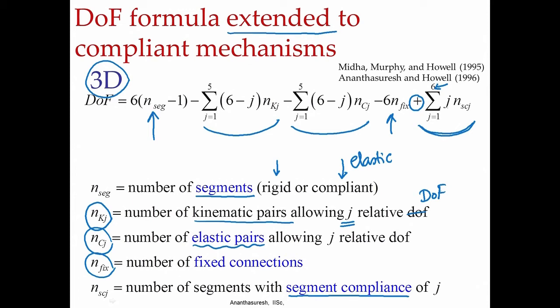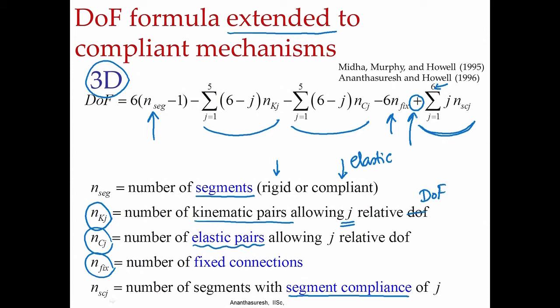And it is saying that if there are, let us say, NSC1, that is, single segment compliance elastic segments, that will add, with j equal to 1, 1 degree of freedom. That is why we have this plus sign.